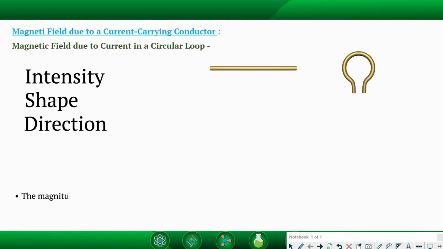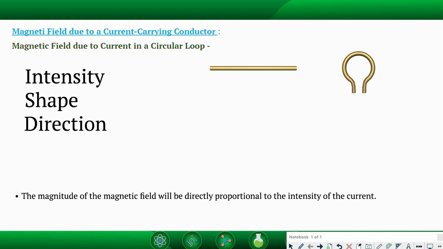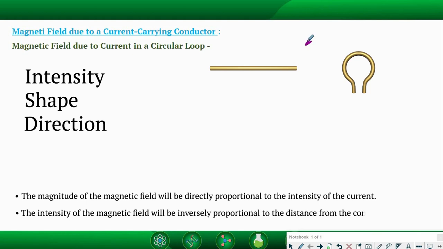The magnitude of the magnetic field will be directly proportional to the intensity of the current through it, as in the earlier case. Similarly, the intensity of the magnetic field will be inversely proportional to the distance from the conductor. The point far away from the conductor will have lesser magnitude compared to the field nearer to it. So that is about intensity.